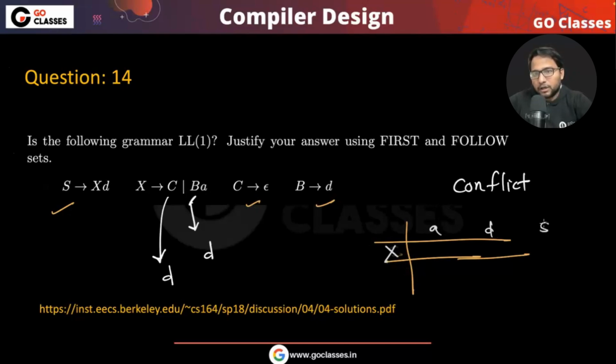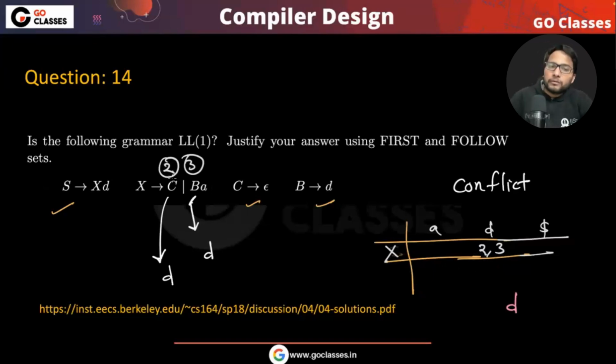This particular production number, let's suppose this is 2, this is 3, okay. So here in D, you will write 2 and 3. So that's why there's a confusion. What is the confusion here? Can you tell me? The confusion here is that whenever you want to generate D using X, you will get confused whether you will be choosing this or you should be choosing this, right?